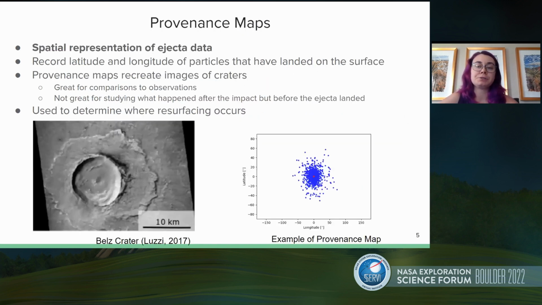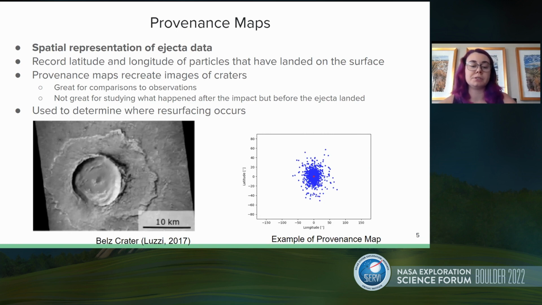From this, we ended up producing two different sets of data. One was provenance maps. This was our spatial representation of the simulation data, where we recorded the longitude and latitude of all the particles. In that way, we were able to create an image of pretty much what we would end up taking a picture of if we were to go on a space mission.